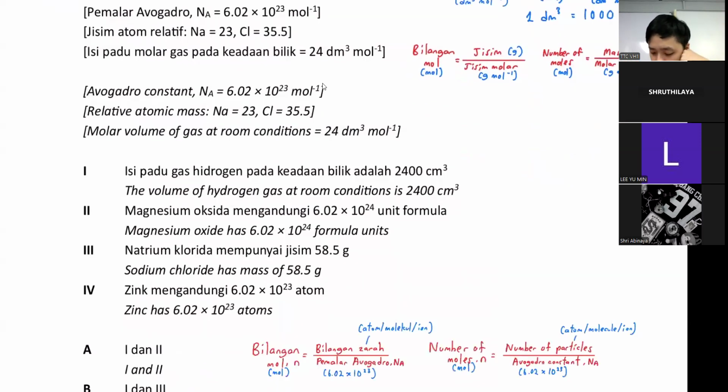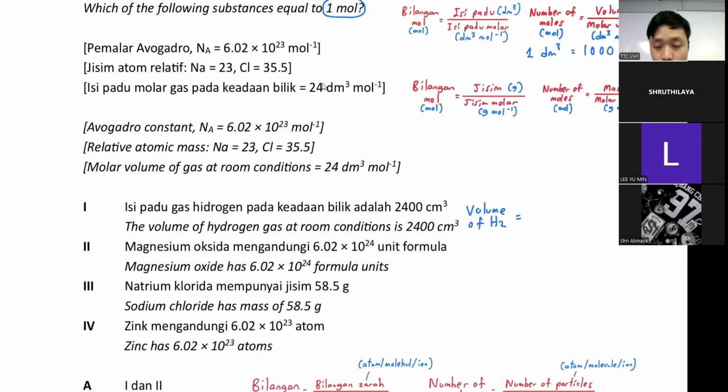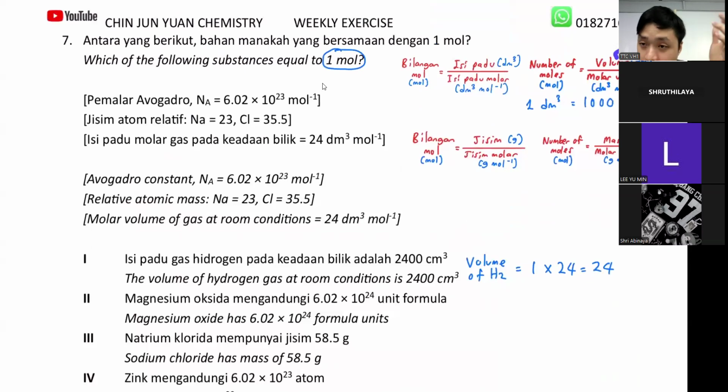So in this case, volume of H2 equals mole is 1, molar volume is 24. So you will get 24. Now, you see, the unit is dm cube, so you have to put 24 dm cube.